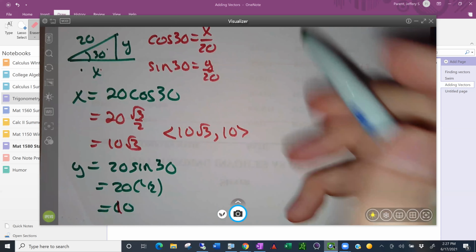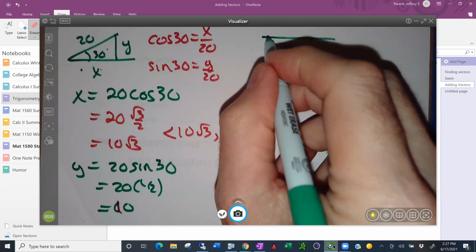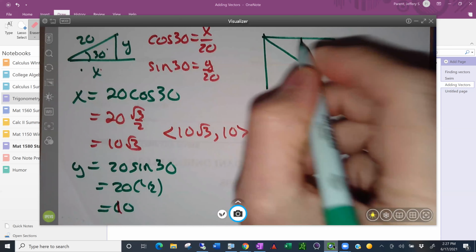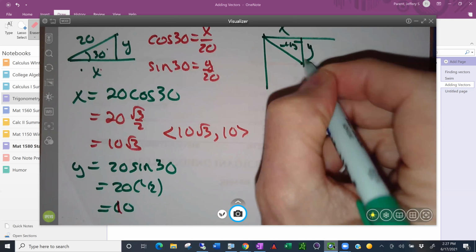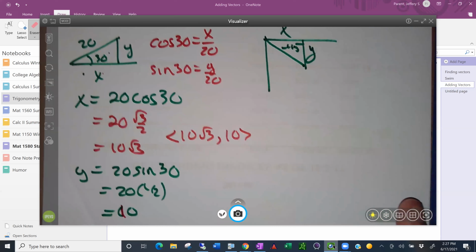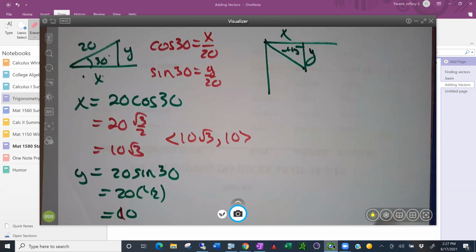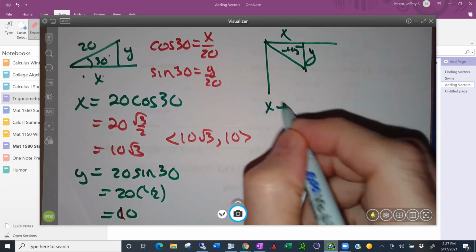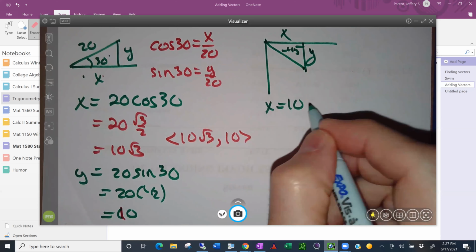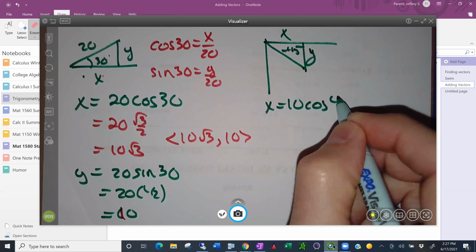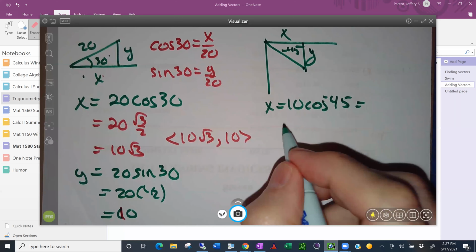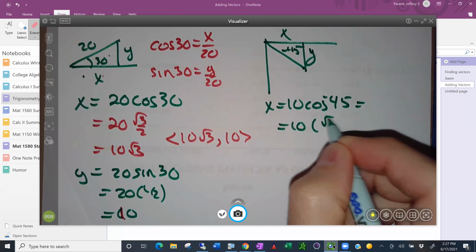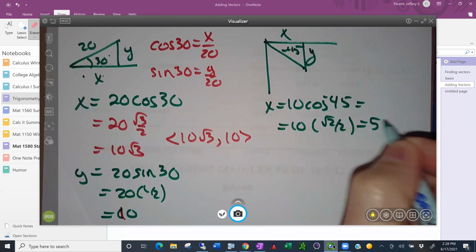The other vector is moving at a negative 45-degree angle. It's going to end up being the same thing. I am going to skip a little bit here. That's going to be 10 times cosine of negative 45, which is going to be 10 times the square root of 2 over 2, or 5 square roots of 2.